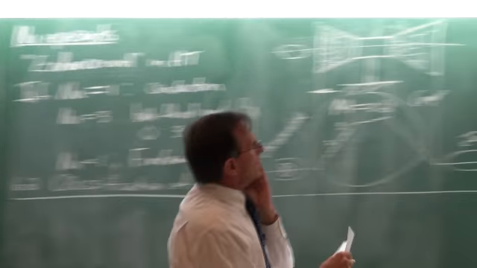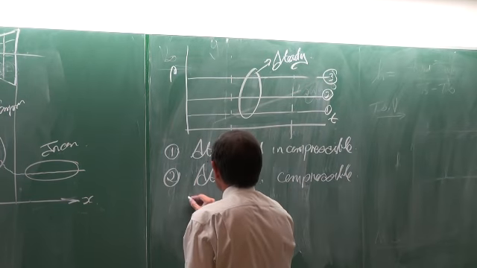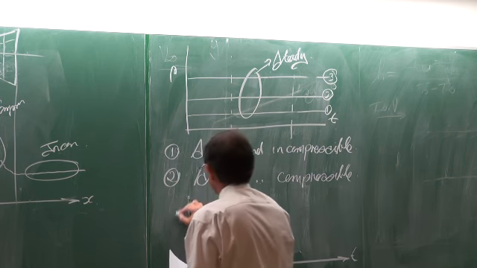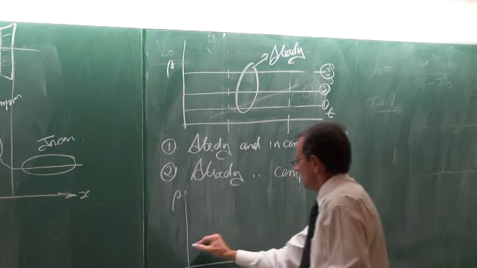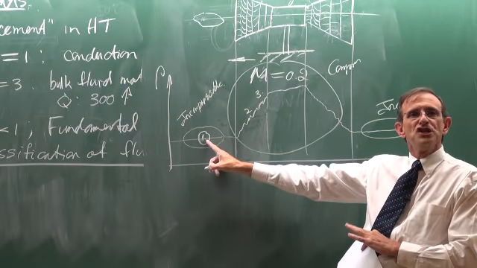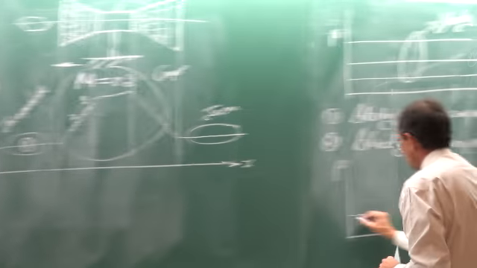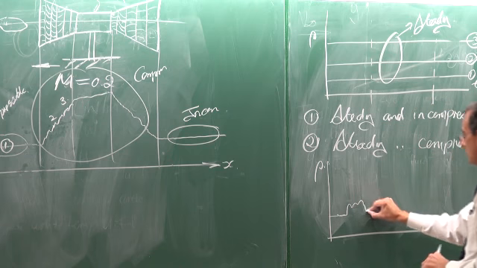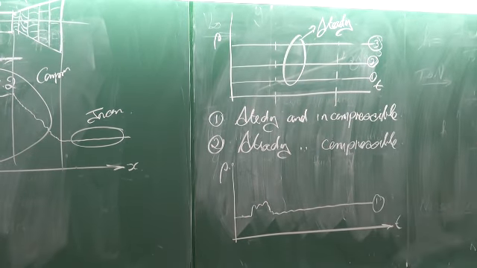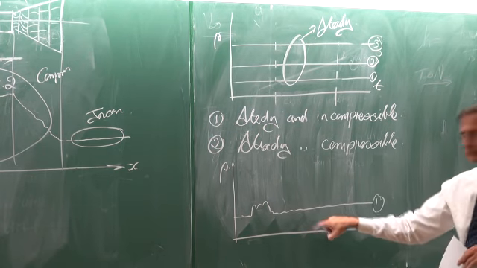So what is now going to happen with the density as a function of time? At position 1, if you're measuring there and you don't see the bird, then the density is going to be constant, and then suddenly the bird is going to be there, and then that is going to happen. So steady, and then suddenly unsteady, and then steady again.